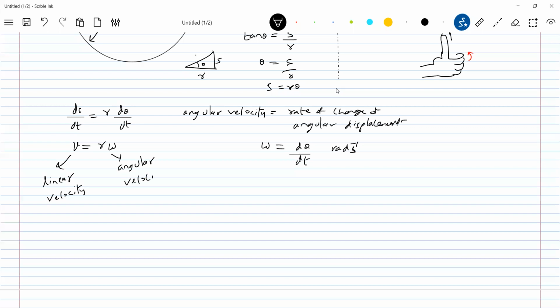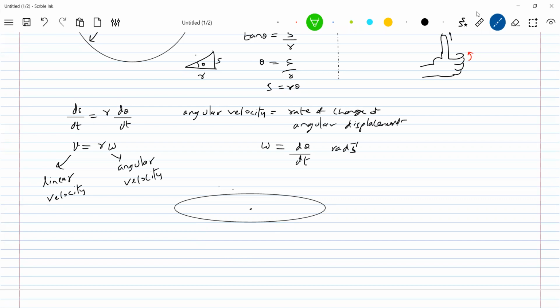Sir, what about the directions? How will v and omega be? The particle is moving, and this is the axis.